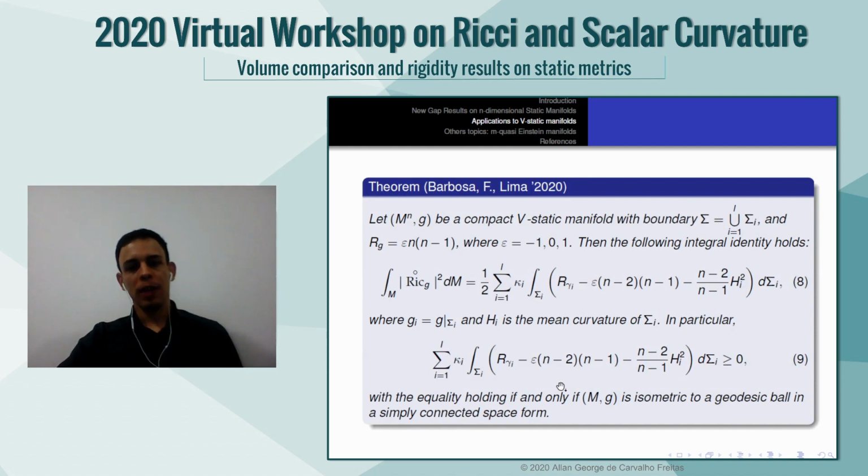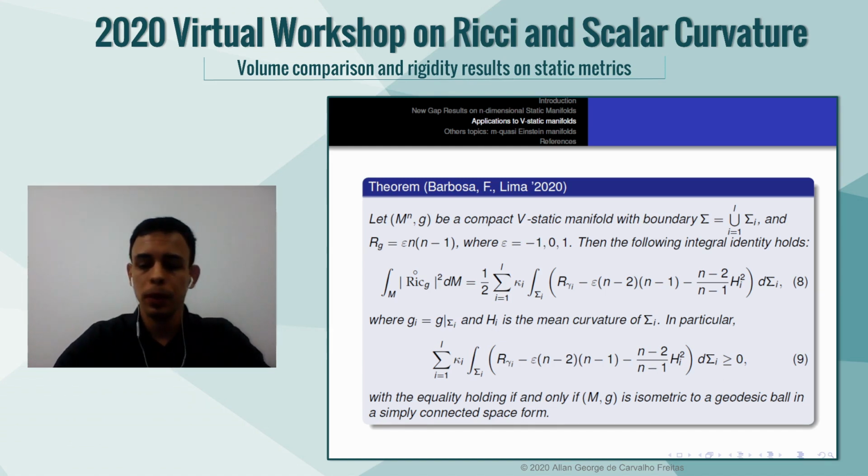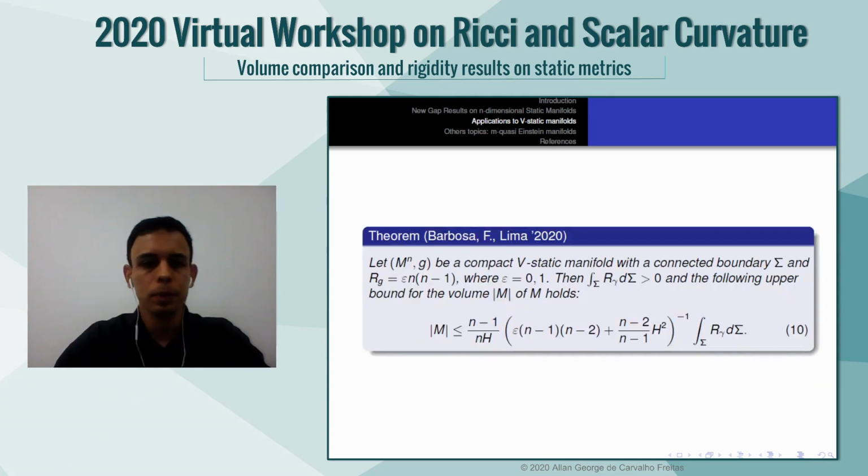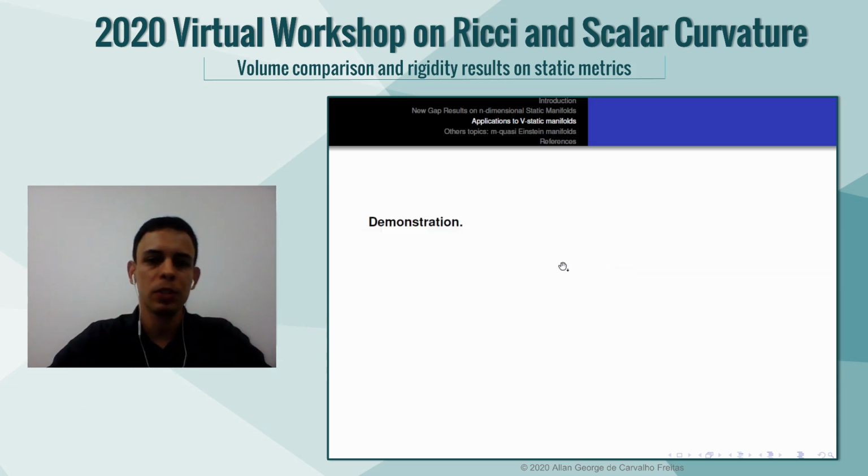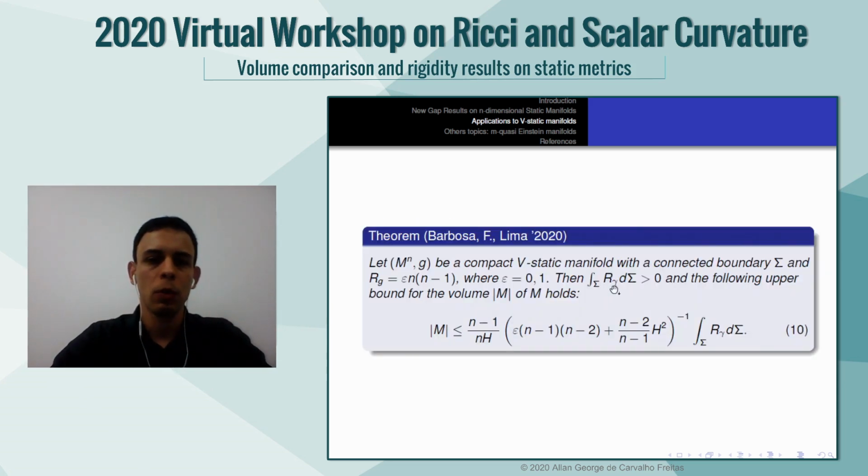In dimension 3, we have a special case because we can use the Gauss-Bonnet formula to obtain a relation between the Euler characteristic and the area of the boundary, okay? In fact, some characterizations. First, we have this, okay? In general, for compact V-static manifolds with this condition, we have this limitation of the volume.